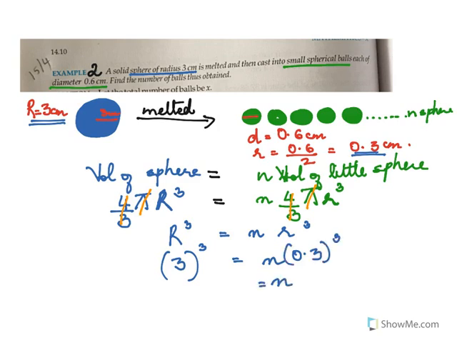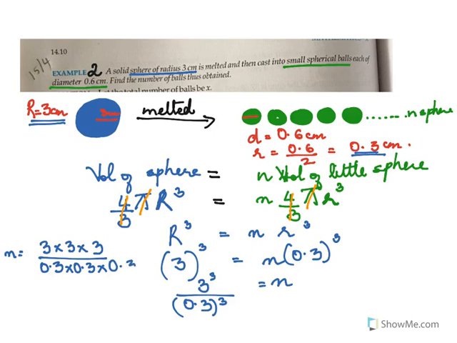So your n becomes 3 cube over 0.3 cube. So I'll just do it here now. So we have n equal to 3 into 3 into 3 over 0.3 into 0.3 into 0.3.